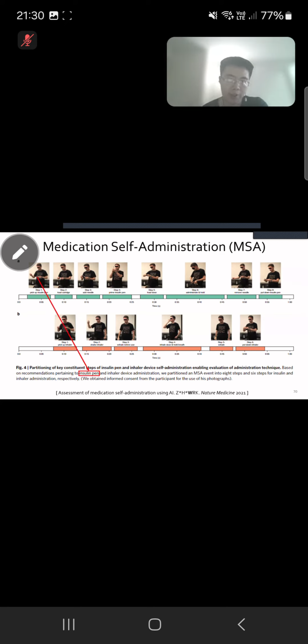medication. For example, a diabetes patient needs to use the insulin pen and go through a sequence of 8 steps to inject insulin. And an asthma patient may need to use the inhaler to go through a sequence of 6 steps to administer the corresponding medication.